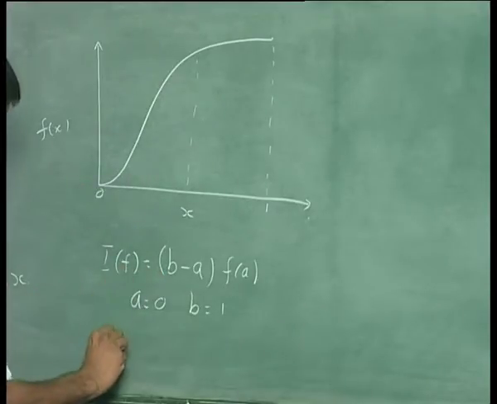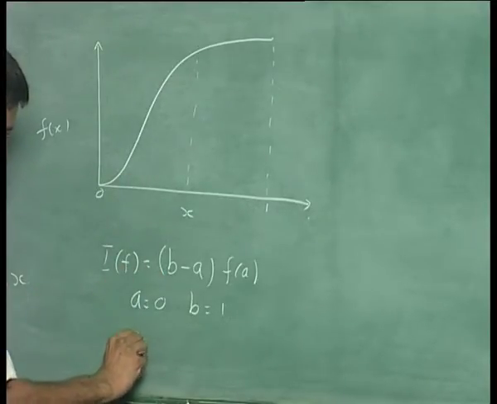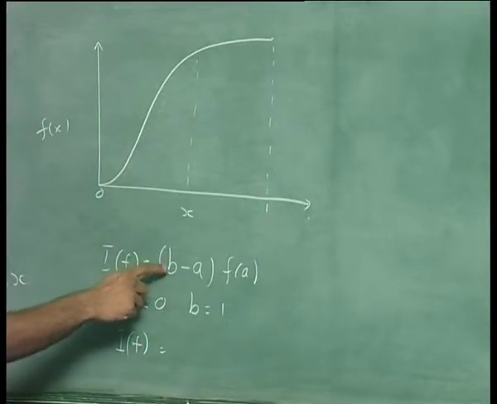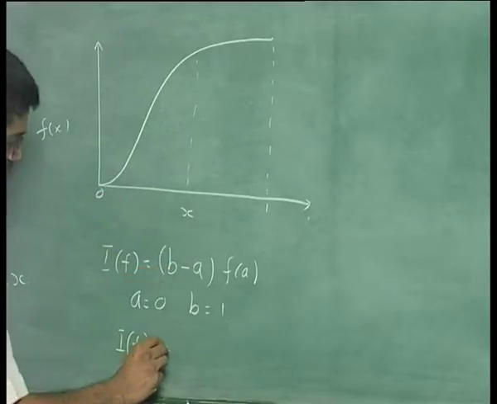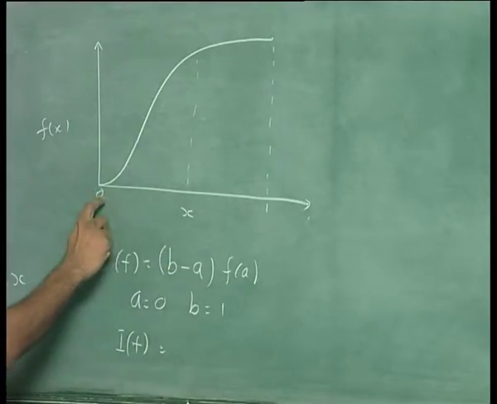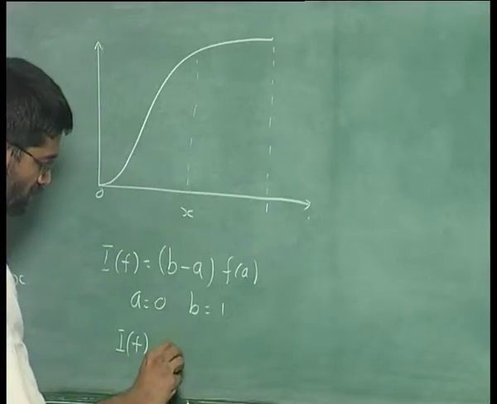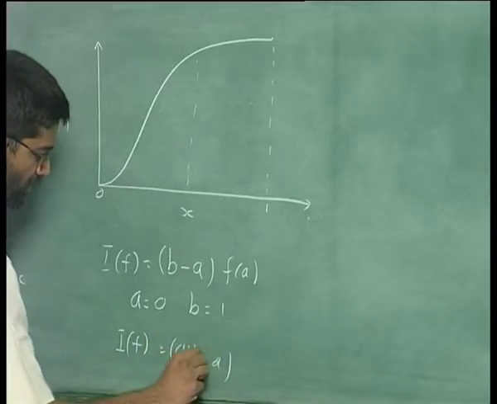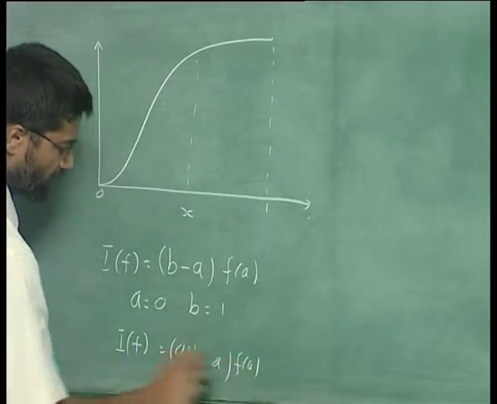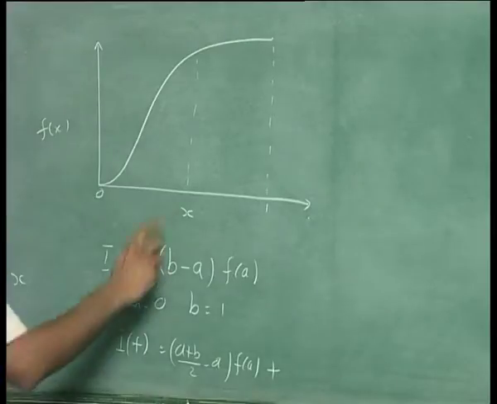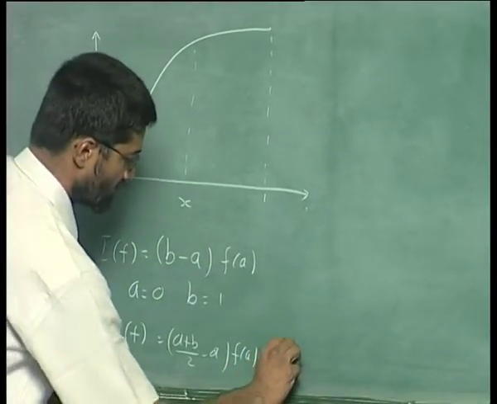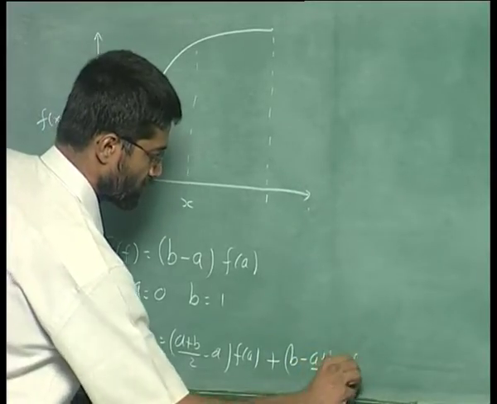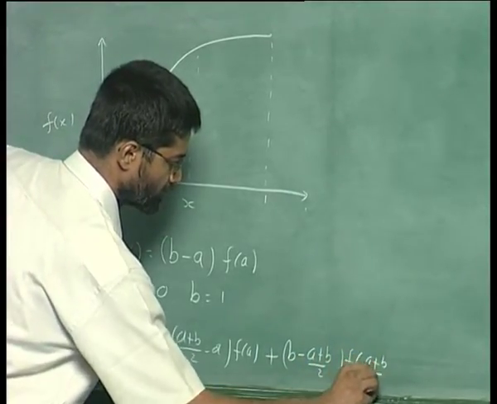That is, I would write I of f now as going from a plus b by 2 to a. So that is a plus b by 2 minus a as the first interval, and the function evaluated at a, and then I have b minus a plus b by 2, and the function evaluated at a plus b by 2.